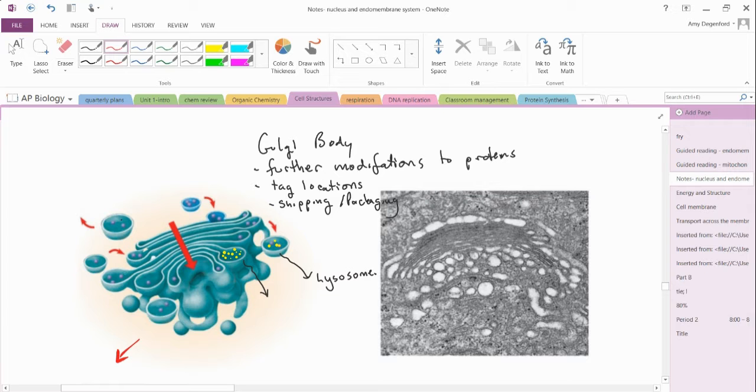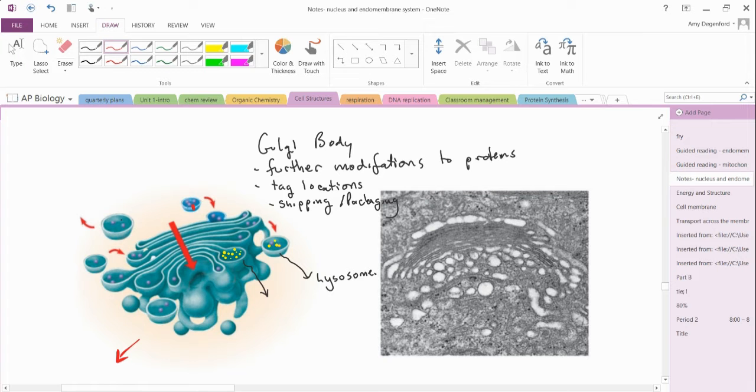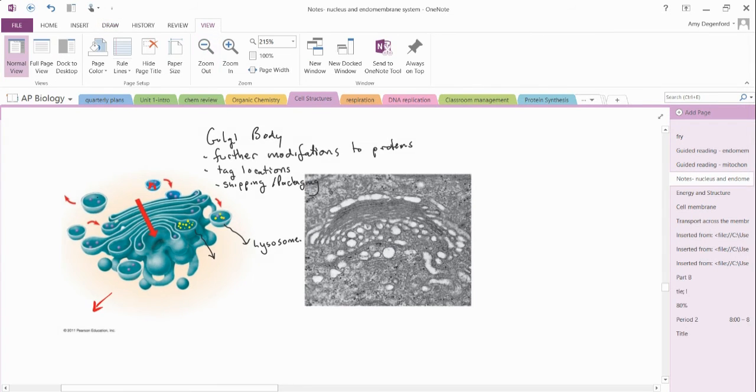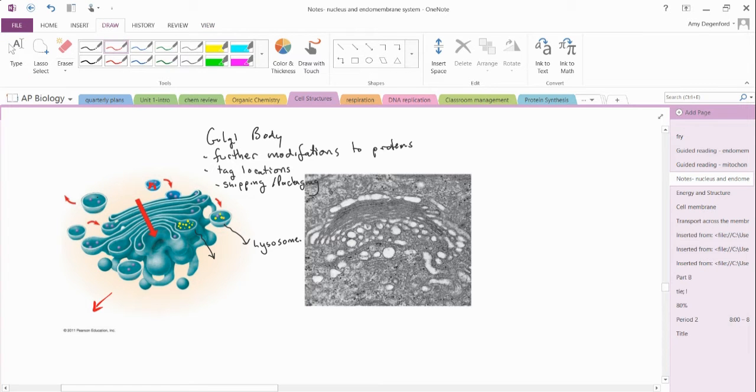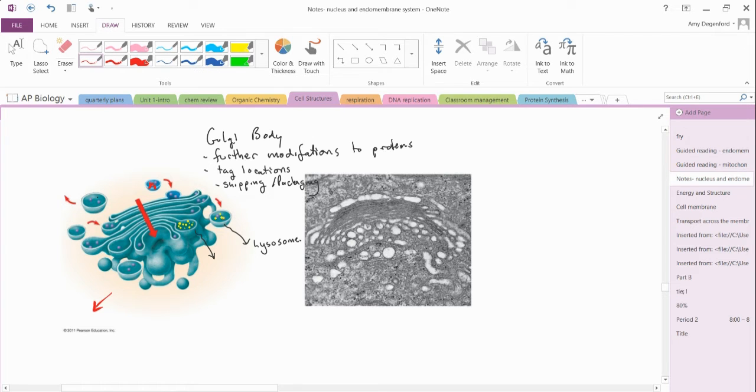So even as far back as the rough ER, this membrane protein, let's try to get a thinner one, is going to be part of the system. Can I get a thinner one? There we go. And if we have these membrane proteins embedded in, then let's take receptors, and these receptors are going to have a sidedness to them.